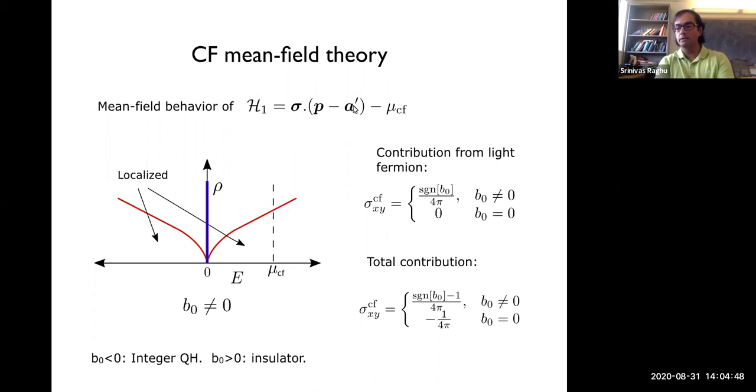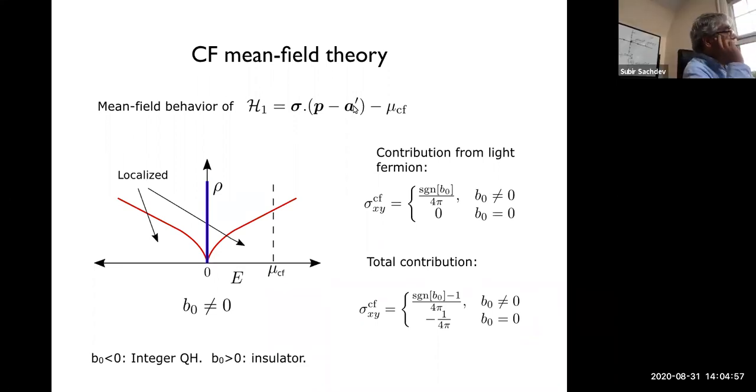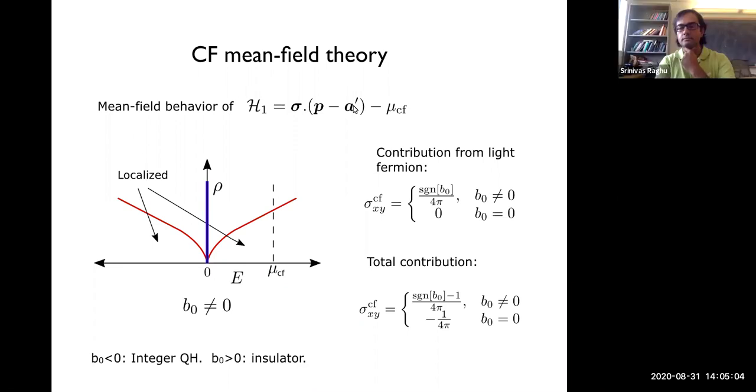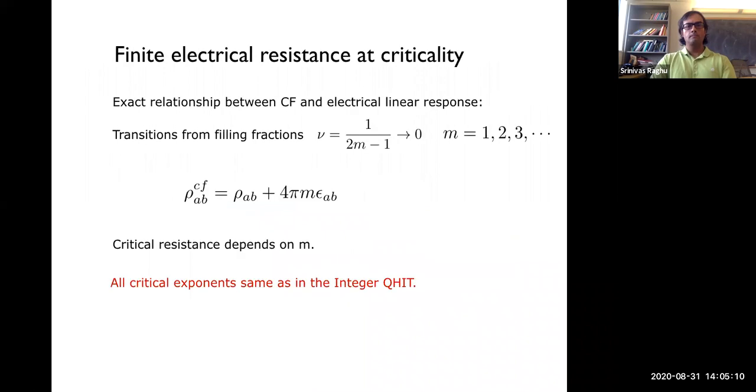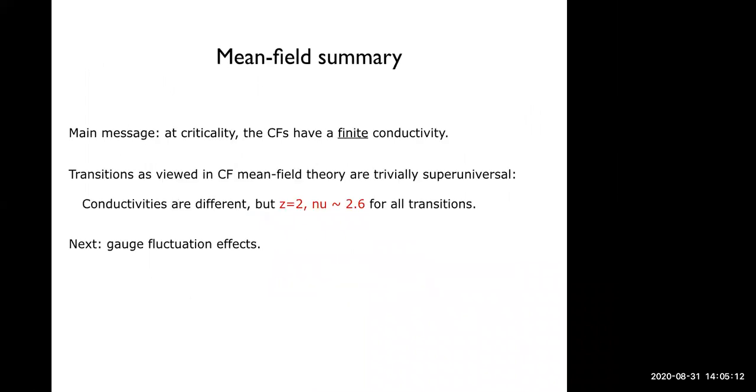So there's a Dirac cone which has some finite Fermi energy. Okay, and the moment B naught becomes non-zero, all states become localized. Localized, correct. Okay, thank you. Okay, good. Thank you. All right.